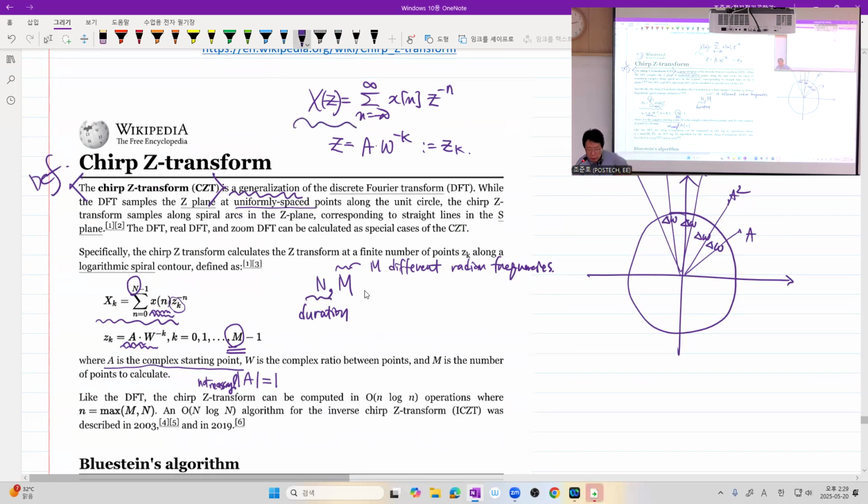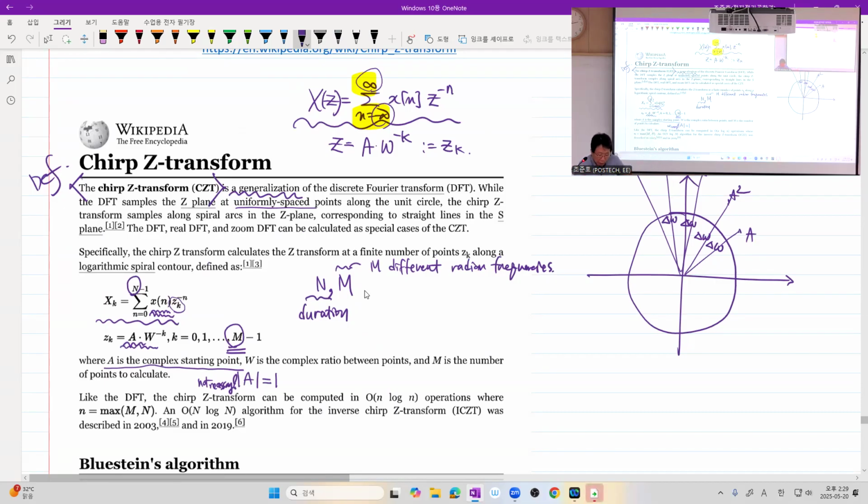Anyway, so here we have the general Z transform of a discrete time signal, which involves countably infinite terms. But suppose we are handling a finite duration signal. In that case, we may properly shift the initial time index and the final time index.